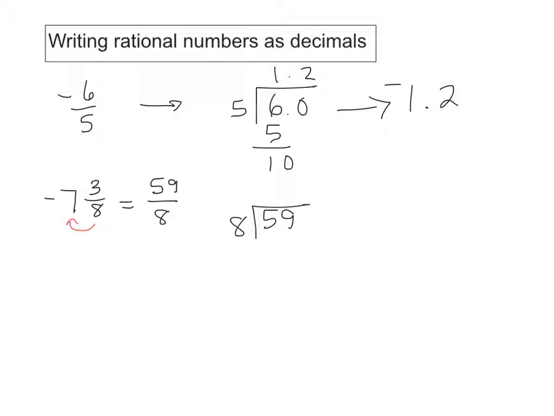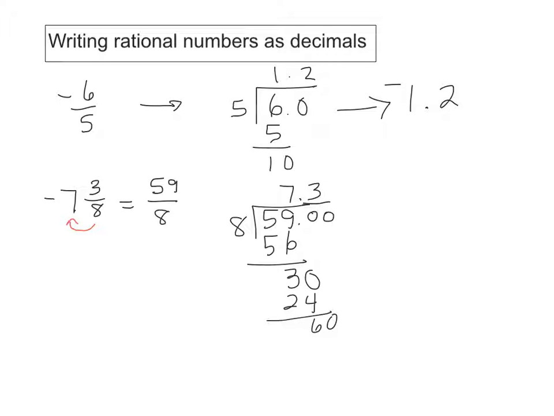8 goes in there 7 times. So we get 56, we subtract, and we get 3. So our decimal point is going to go there. Bring down the 0. 8 will go into 30 3 times. Then we have 24, subtract that, we get 6.